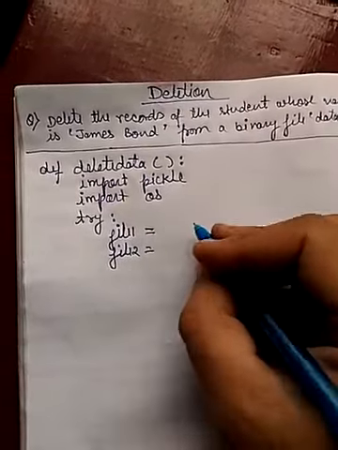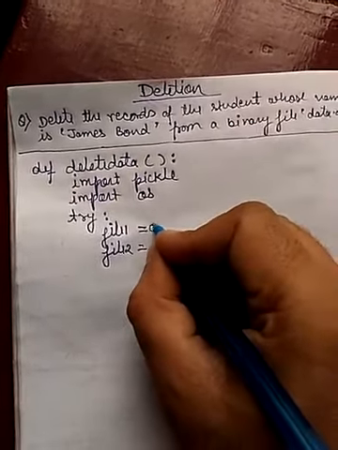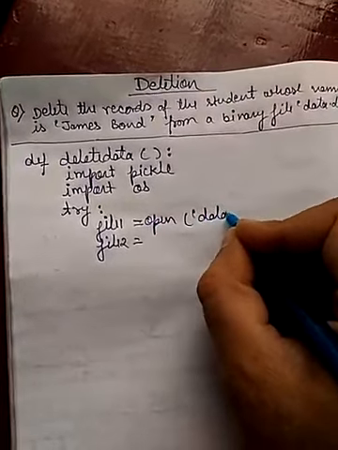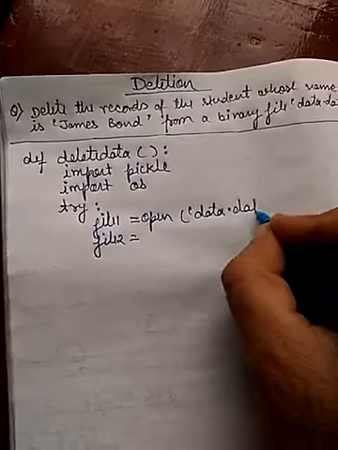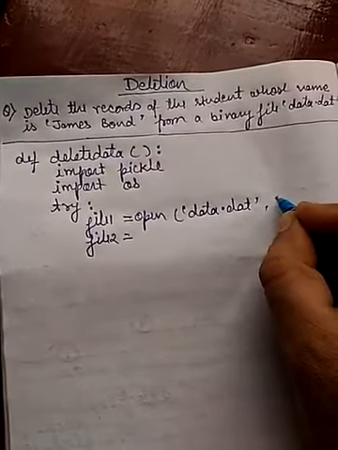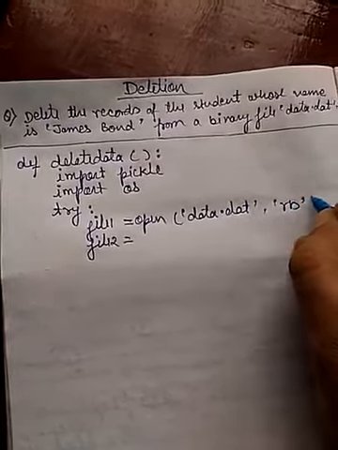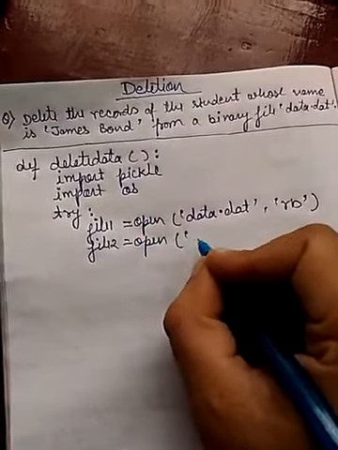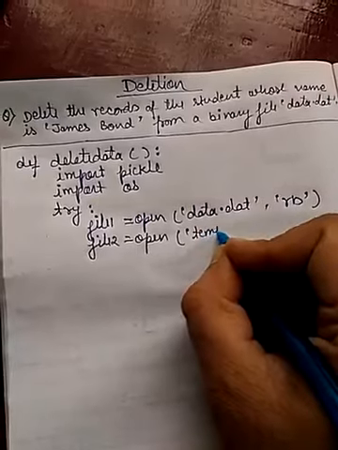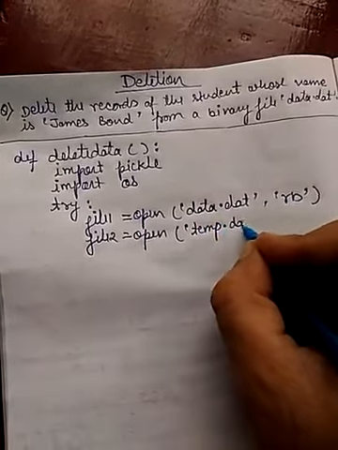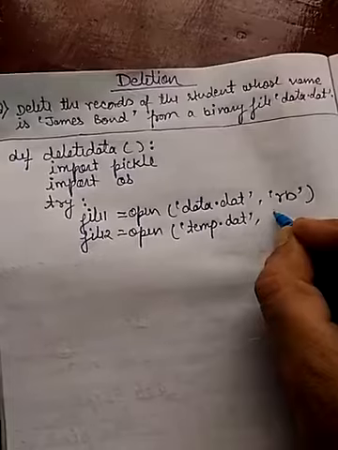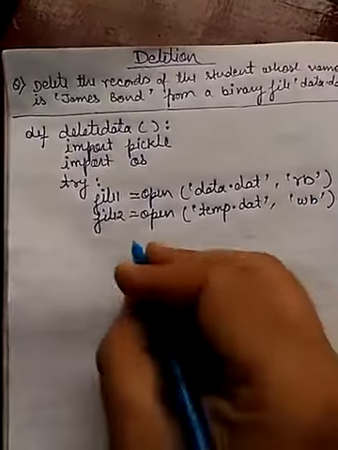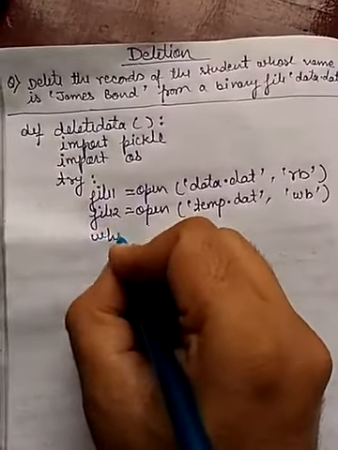This file we are opening for reading purpose. Open what file? data.dat. It is for read binary. Open another file, let us say temp.dat. It is for write binary. We are reading the records.